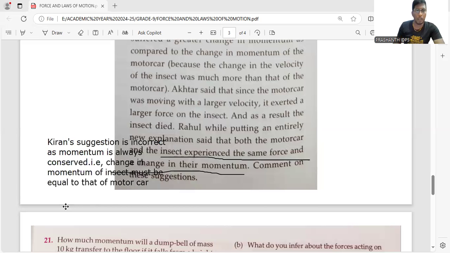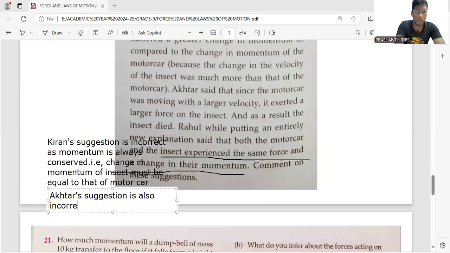Then who is the next one? Akhtar, right? So Akhtar's suggestion is also incorrect. Why? It is also incorrect because of the same reason, the same above reason.